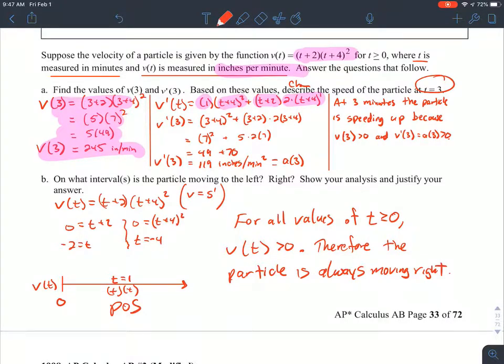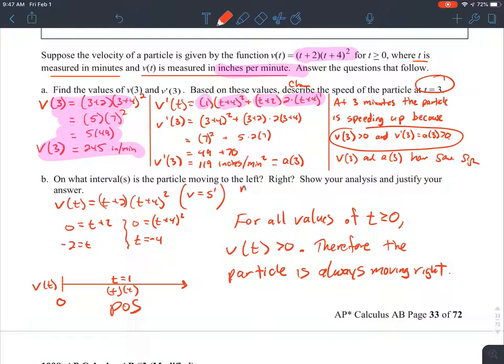Or we could have said instead of this, because velocity at 3 and acceleration at 3 have the same sign, S-I-G-N.